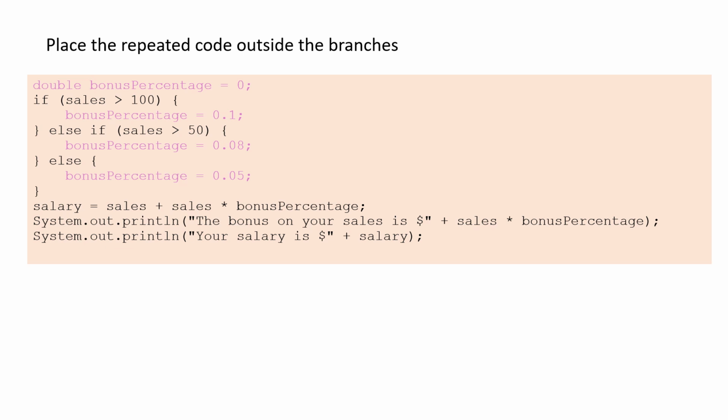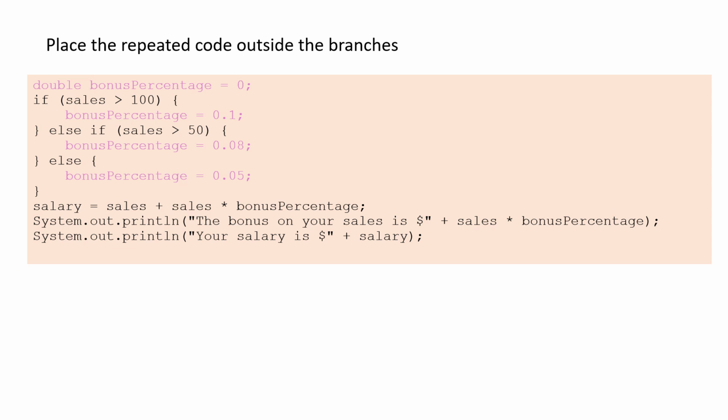I also removed all the blank lines across the conditional branches. And now you can see how nice this code looks compared to the original version. There's no repeated code across the branches. Within the branches, we only assign the value of bonus percentage. However, we do all the calculations, such as calculating the salary, calculating the bonus, and we do all the printing outside of the branches.